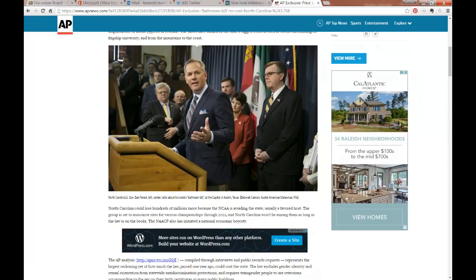Obviously, there is a news reason why the story came up. A couple of days before this story from the AP came up, there was some talk that the NCAA has basically hinted to the state of North Carolina that the deadlines for bids for all NCAA tournament events going through 2022 are due pretty soon.